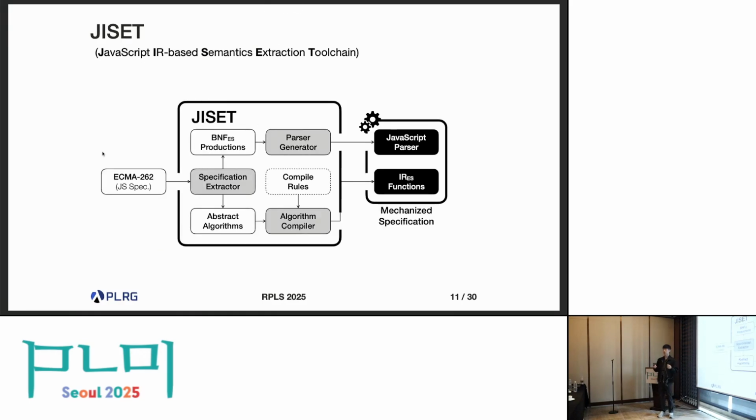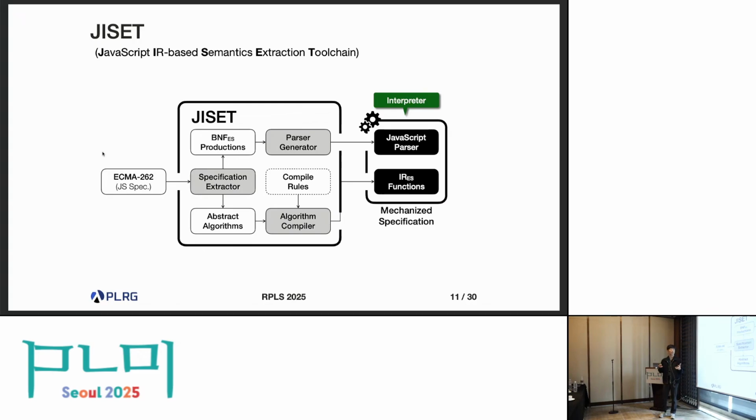Using this meta language, we developed our first tool, JISET. It takes the language specification and automatically generates the JavaScript parser from the syntax, and then automatically compiles all the pseudocode-like algorithms into our meta language functions. So it is actually an interpreter: we can execute JavaScript programs using the mechanized specification.